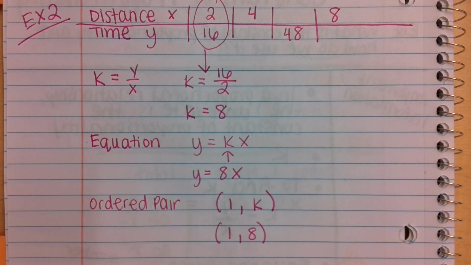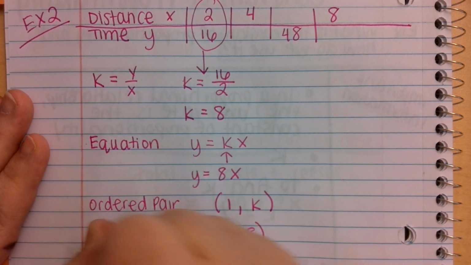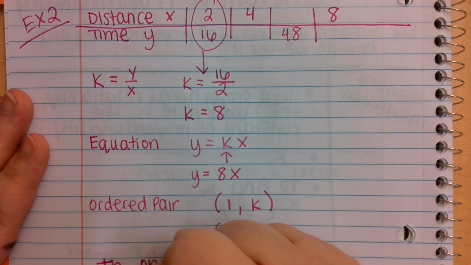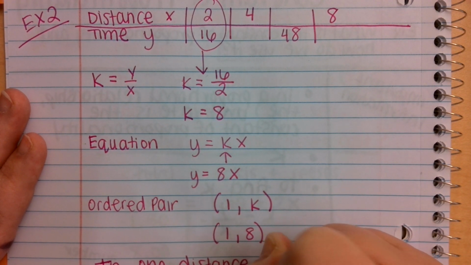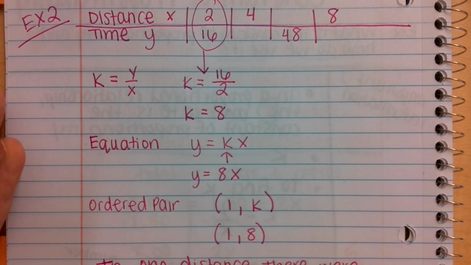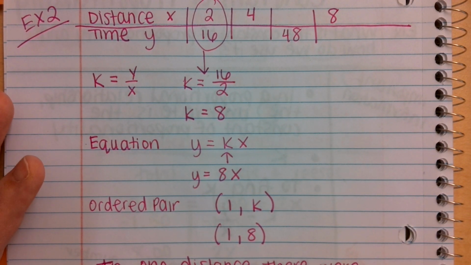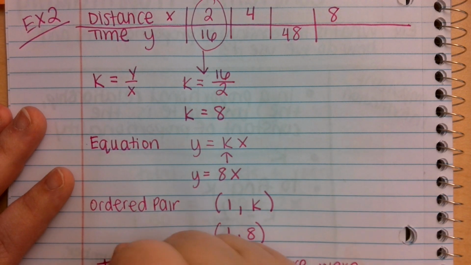Now what does this represent in words? In one distance, there were 8 times. I don't like these words.